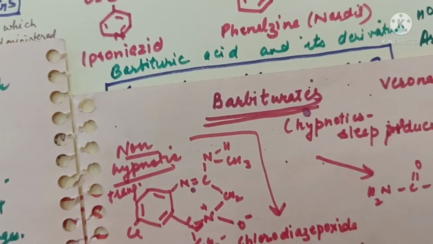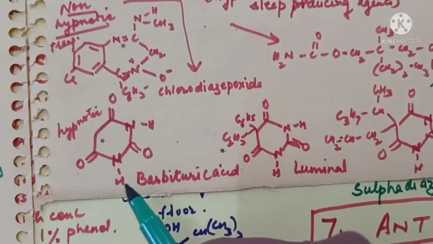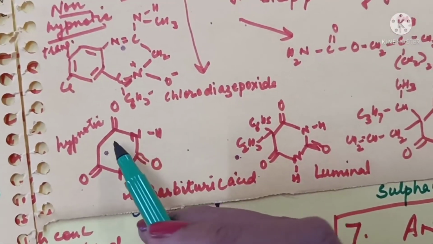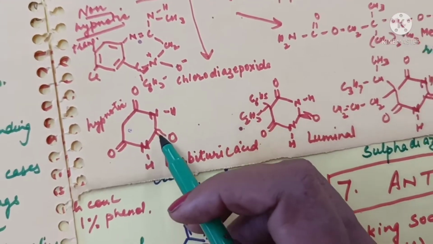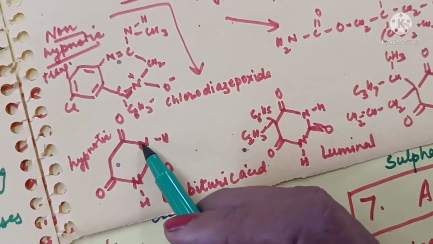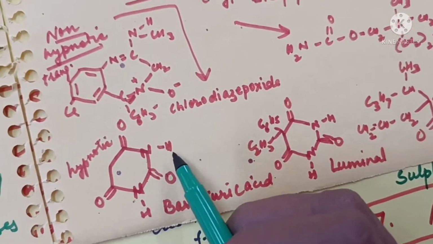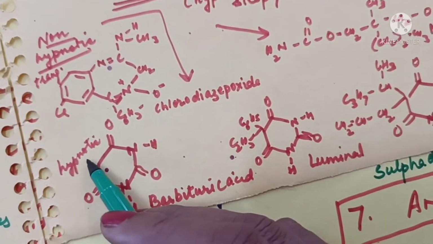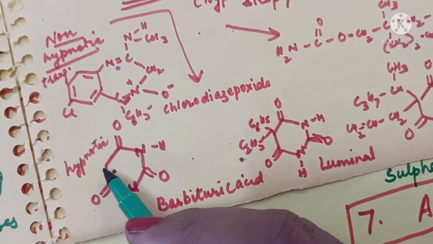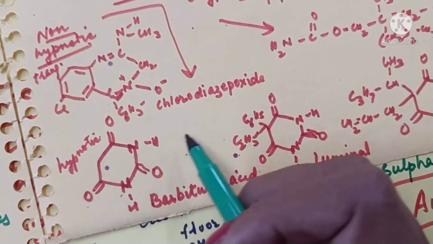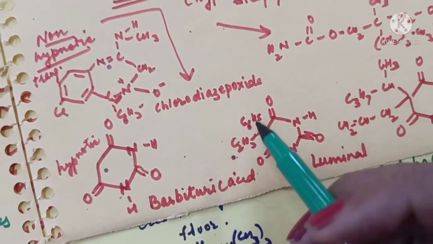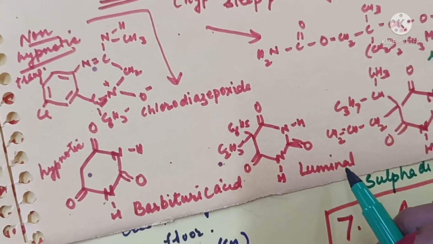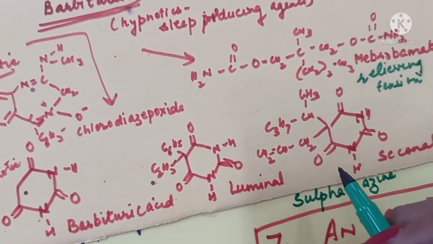So commonly used tranquilizers are barbituric acid, having 3 double bond oxygen groups, which is a heterocyclic ring with 2 nitrogen atoms. If on this position we add 2 groups, ethyl and phenyl, then it is luminal, a derivative of barbituric acid.